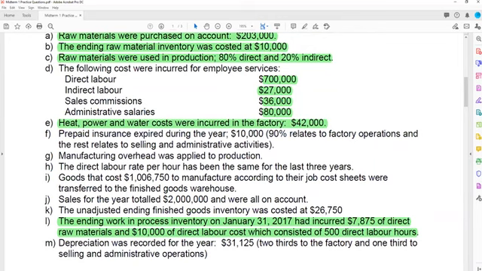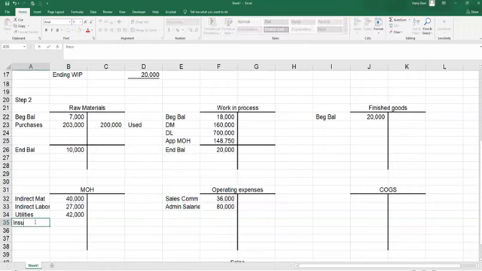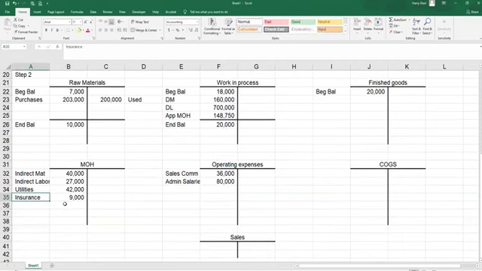So the expired prepaid insurance basically relates to the insurance that was used during the year. 90% of 10,000, $9,000 will be added to manufacturing overhead, and the rest, 10% of 10,000, $1,000 is to be included in operating expenses.